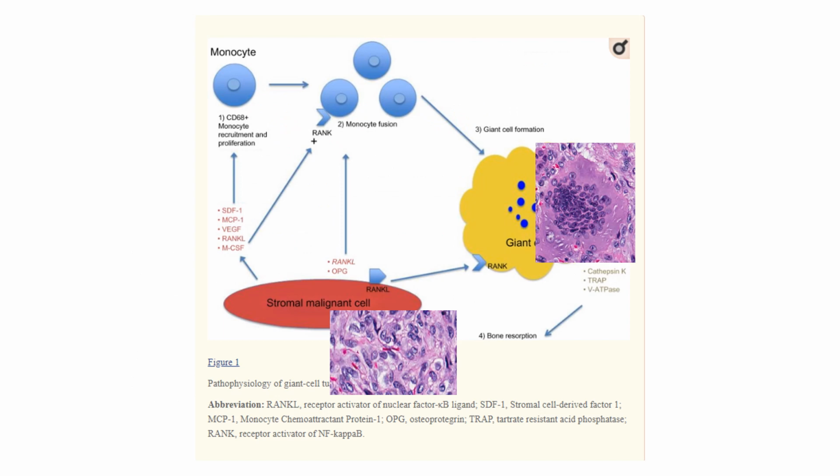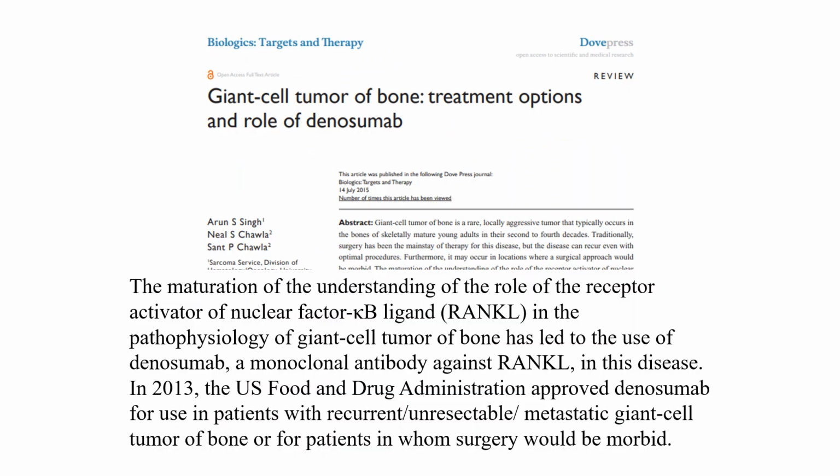This cartoon may better explain activation of monocytic cells and osteoclast-like giant cell formation. Neoplastic spindle cells recruit monocytic cells by secreting chemoattractants and express receptor activator of NF-κB ligand, RANKL, which acts on RANK-expressing preosteoclasts to promote cell fusion and multinucleated giant cell formation.